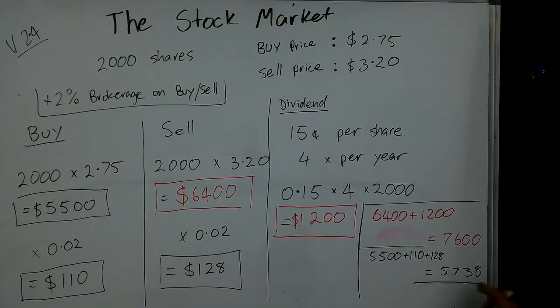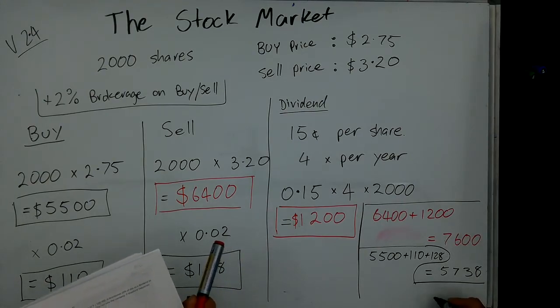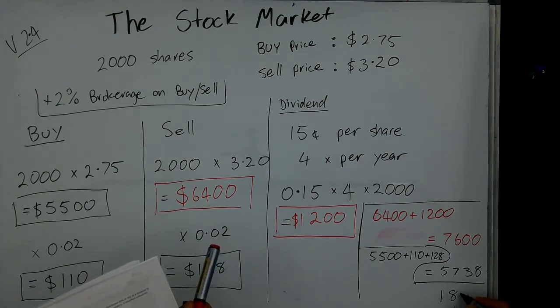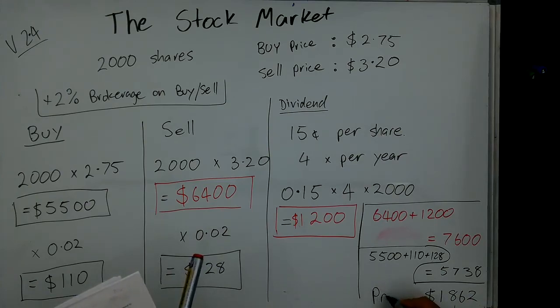And now I'm going to take 7,600. I'm going to take away, this was the money that came in, the money that it cost. So I'm subtracting, and we end up with $1,862.